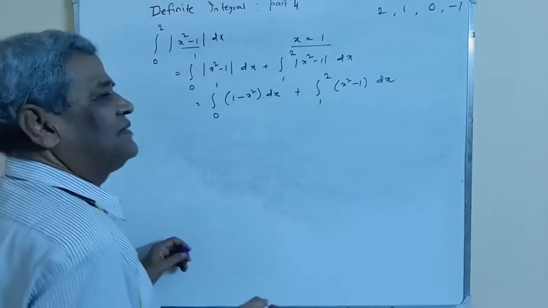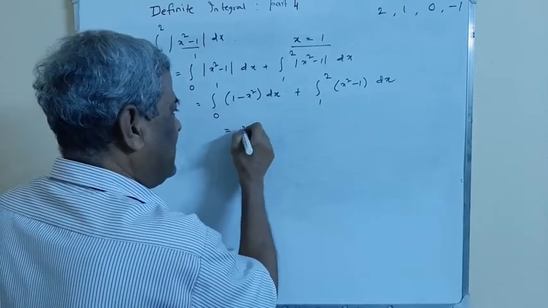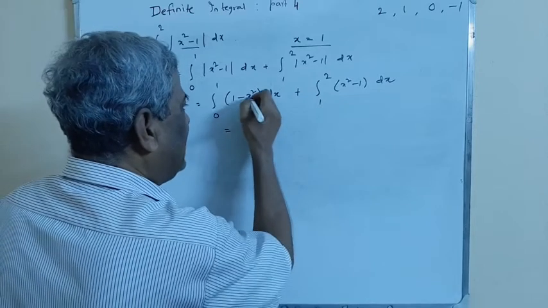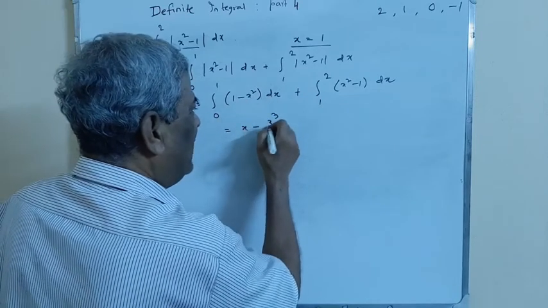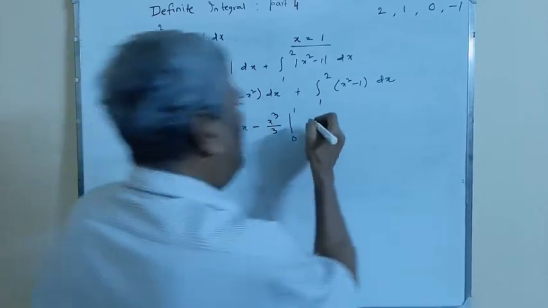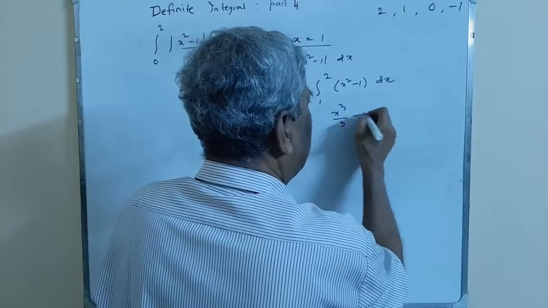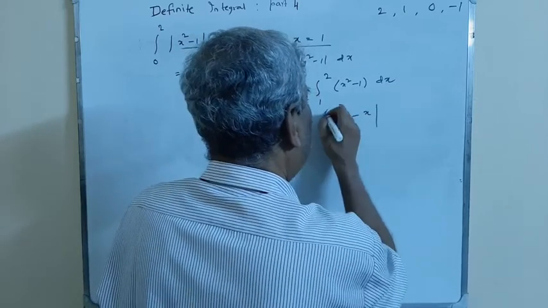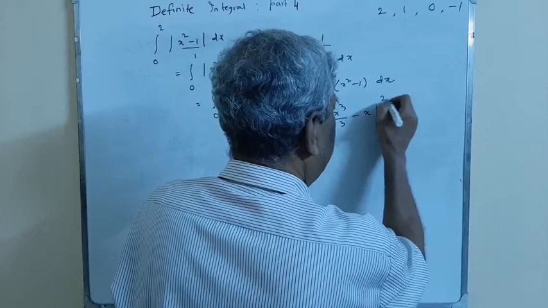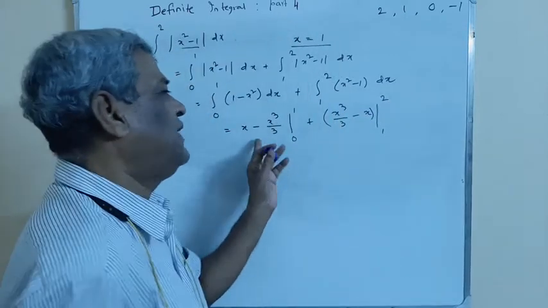Now it is very extremely simple. This is actually the integral of x minus x cubed by 3 with limits from 0 to 1, plus x cubed by 3 minus x with limits from 1 to 2. Now it is very simple.